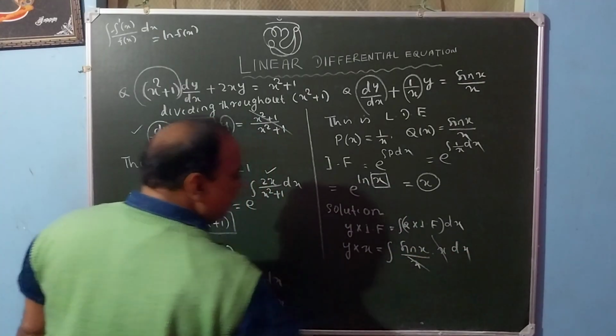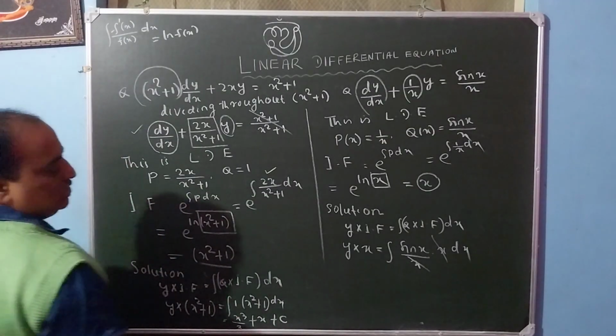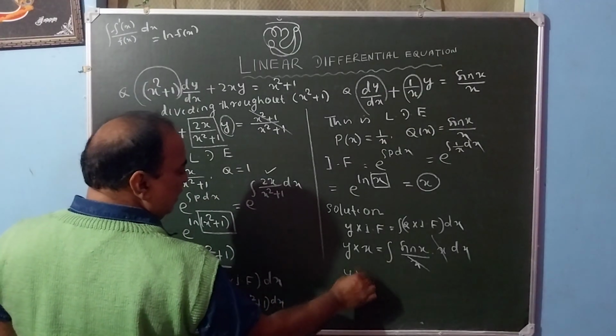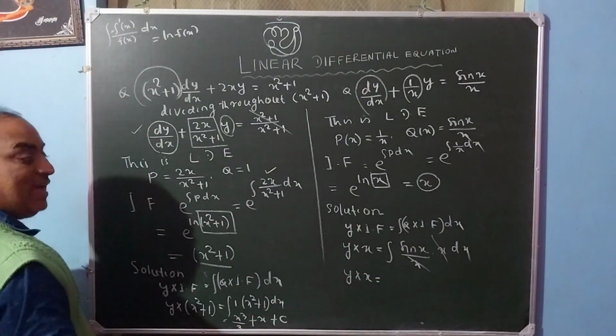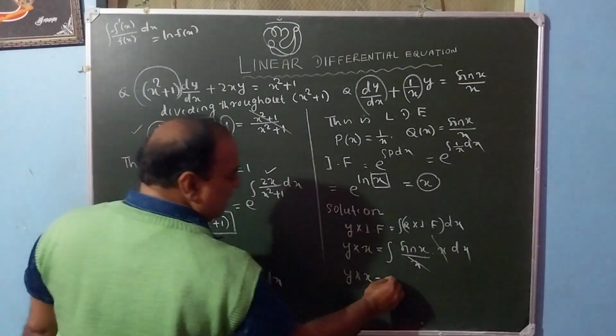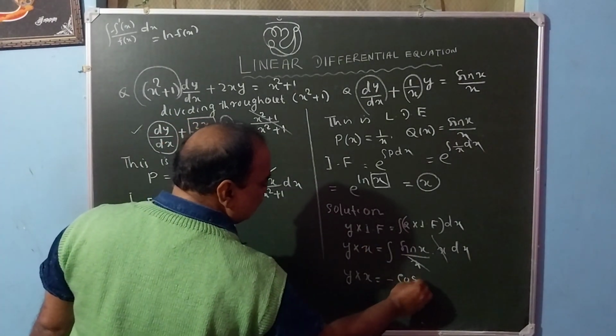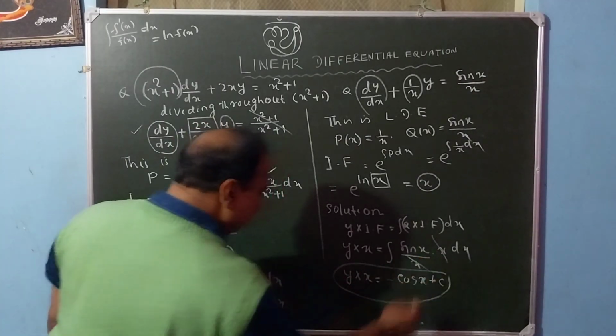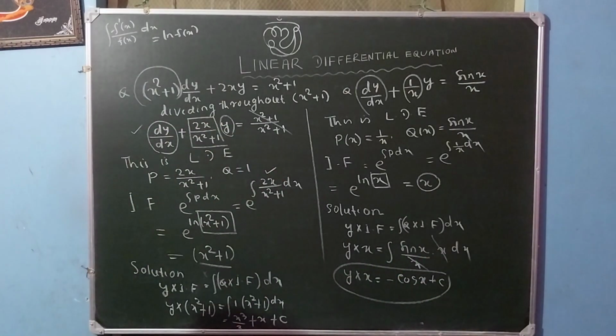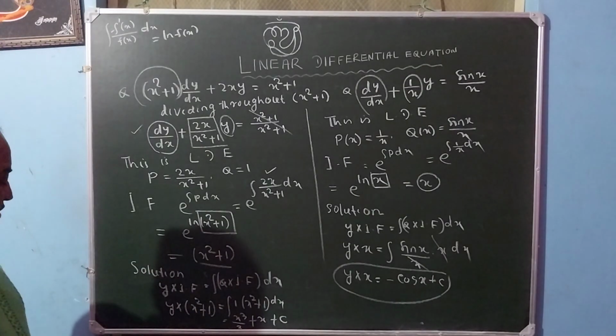This x cancelled with this x. So y into x is equal to integration of sin x dx, that is minus cos x plus c. So this is the answer of this question.